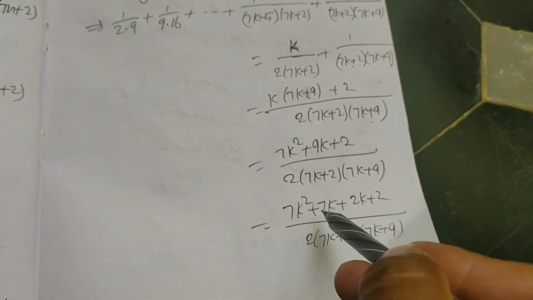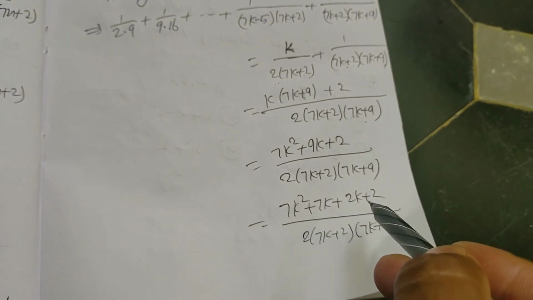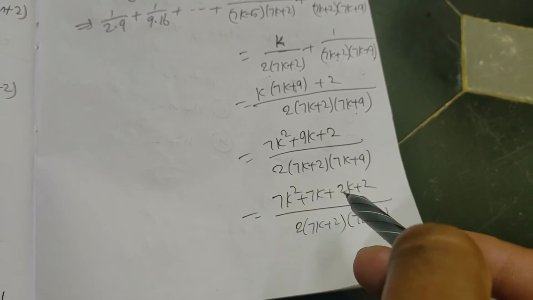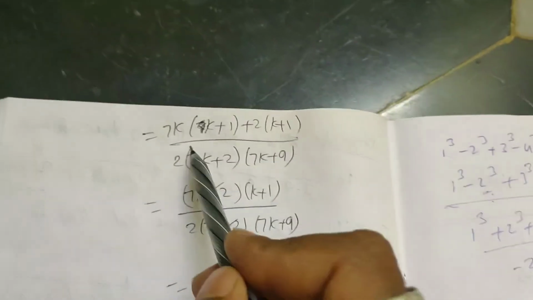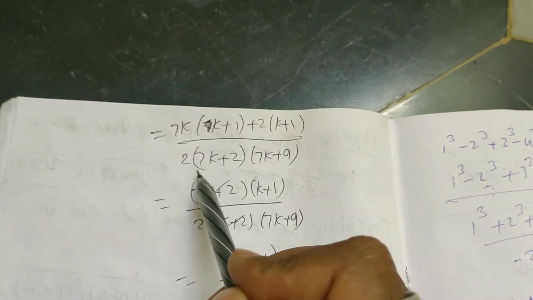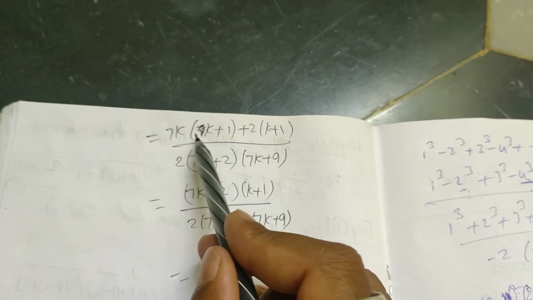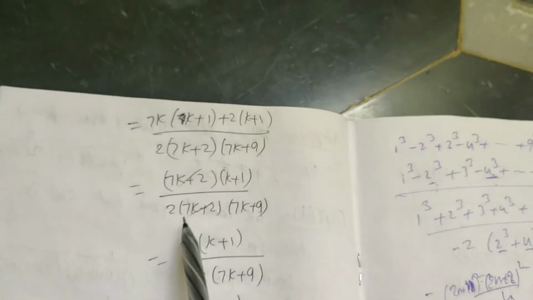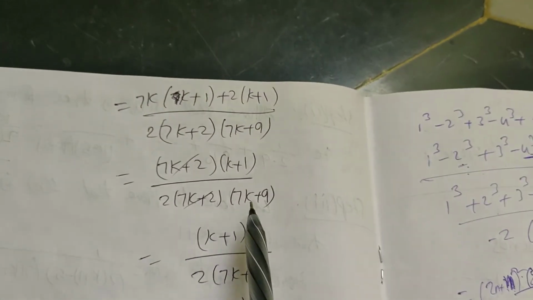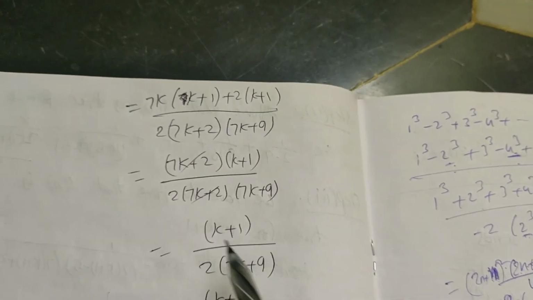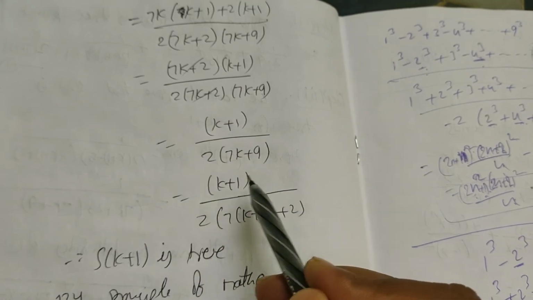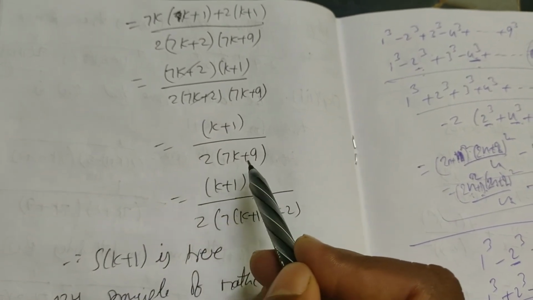From the first two terms take 7k common, and from the last two terms take 2 common: 7k into k plus 1, 2 into k plus 1, with the denominator written as it is. Now take k plus 1 common, then we have 7k plus 2. So 7k plus 2 into k plus 1 by 2 times of 7k plus 2 into 7k plus 9. The 7k plus 2 cancels. So now we have k plus 1 by 2 times of 7k plus 9.